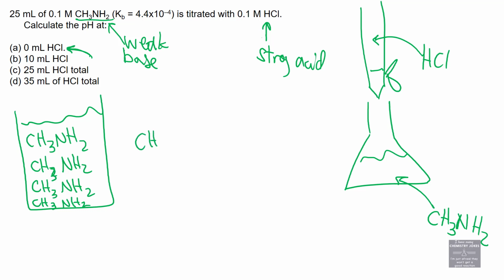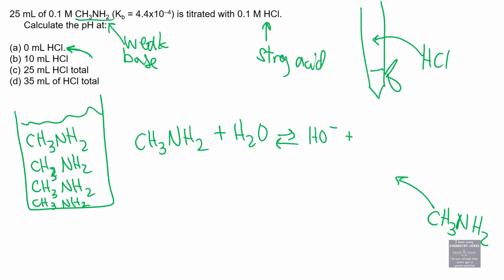CH3NH2 is not going to do a limiting reactant thing. It's a weak base that can react with water in an equilibrium fashion to produce small quantities of hydroxide and small quantities of the conjugate acid, CH3NH3 plus.